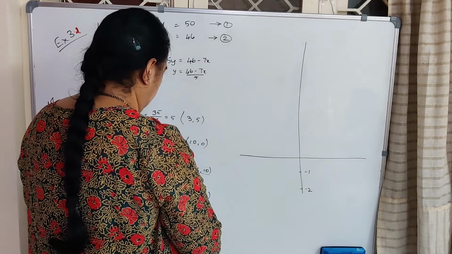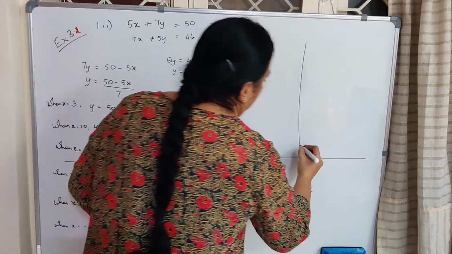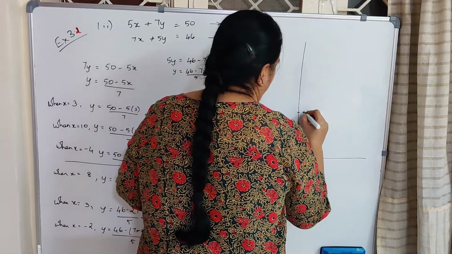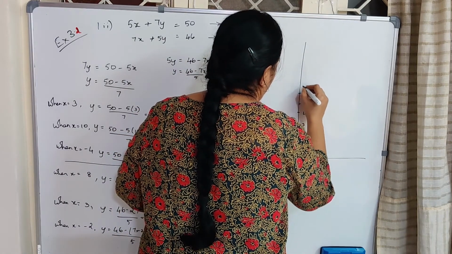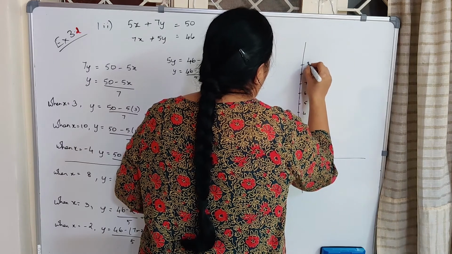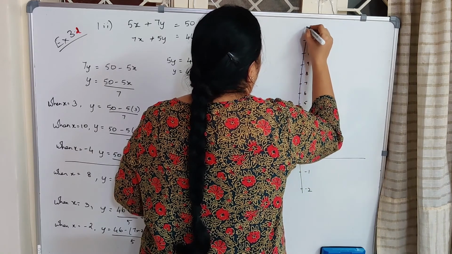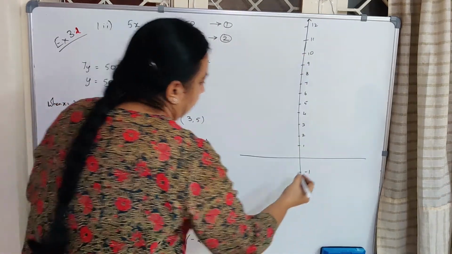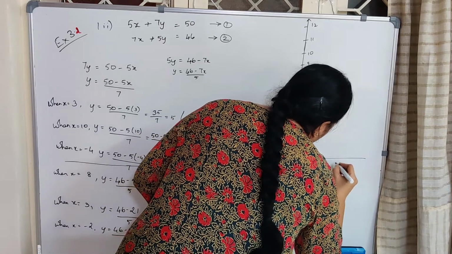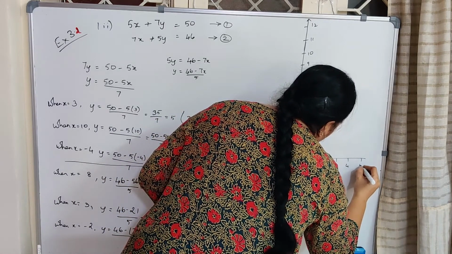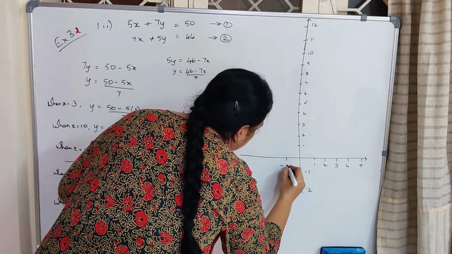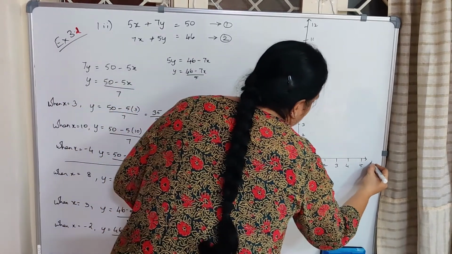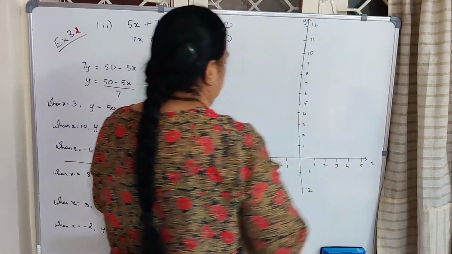And here it ranges up to 12. 1, 2, 3, 4, 5, 6, 7, 8, 9, 10, 11, 12. So the line is extended. Then here again I have 1, 2, 3, 4, 5, and here minus 1, minus 2, minus 3. And this is the x-axis, and this is the y-axis.